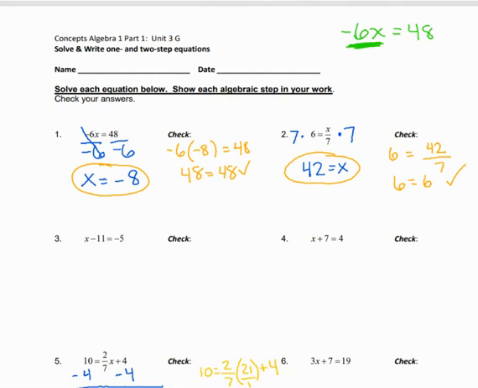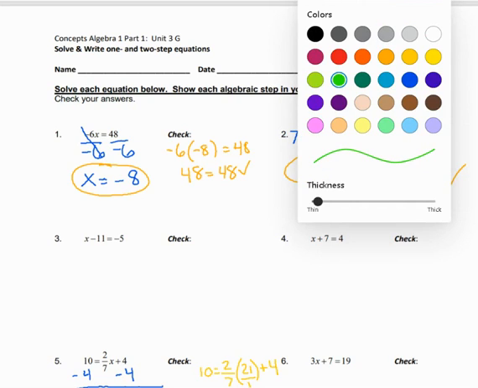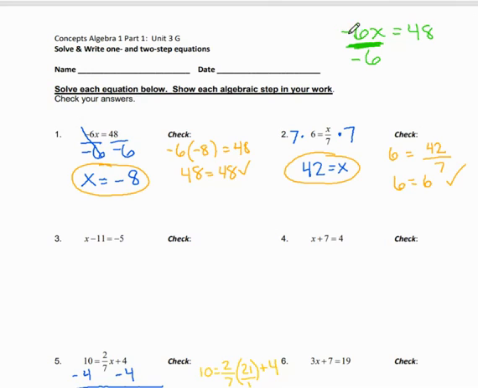So how do I undo multiplication? With division. In this case, what am I multiplying by? I was multiplying by -6. So that's why I need to divide by -6. If the question said, let's use pink, -6 plus x equals 48, now how would I get rid of that -6?